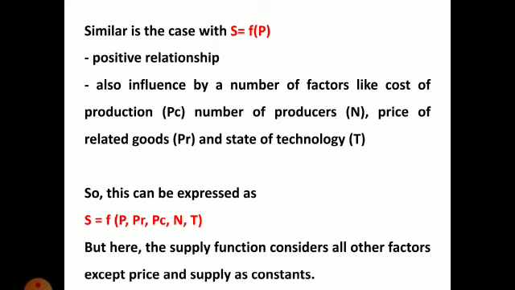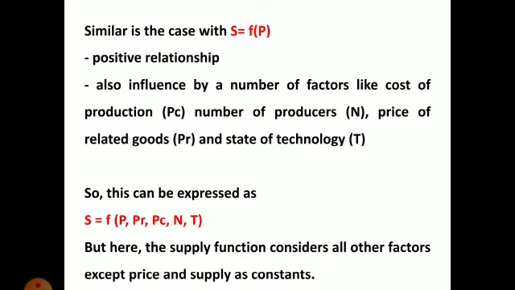So to make it simple, we assume that PR, PC, N, T, that is prices of related goods, cost of production, number of producers, and technology, all remain constant.